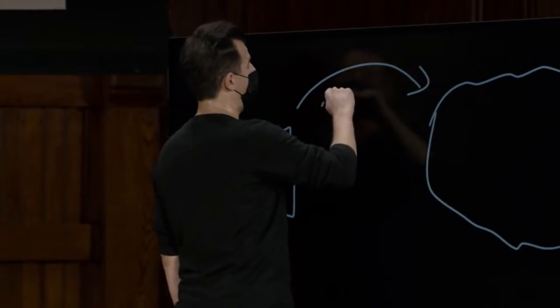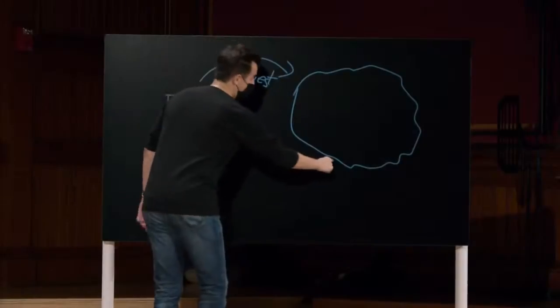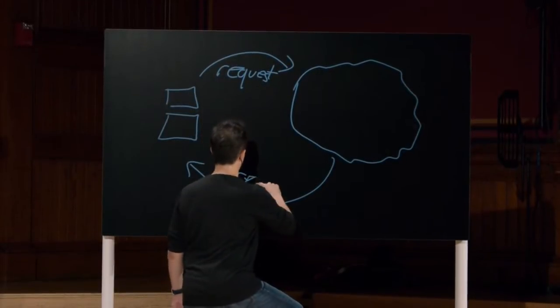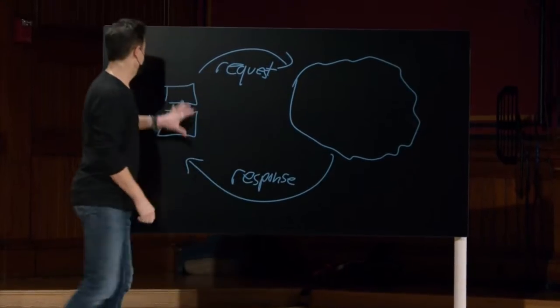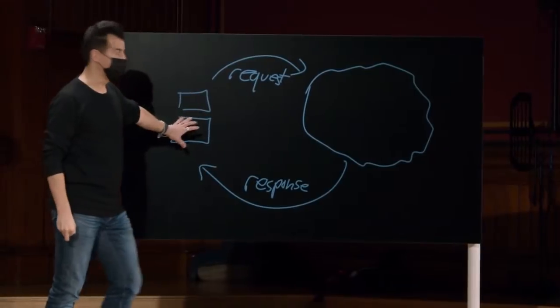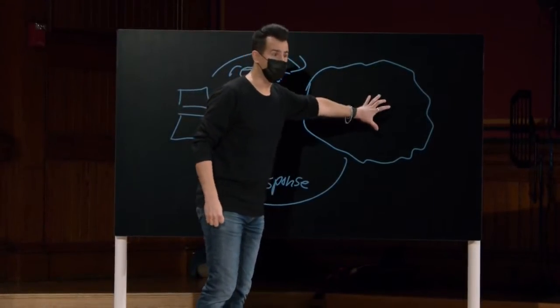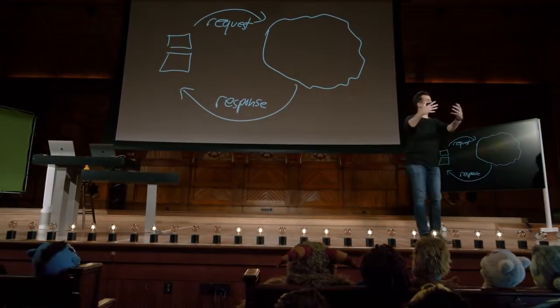There's going to be a request that goes from point A to point B. And then hopefully the server that hears that request is going to reply with what we'll typically call a response. And other terms that are relevant here: my laptop is the so-called client. Harvard.edu, Yale.edu, whatever it is, the so-called server. And just like in a restaurant where you might request something to eat, the server might bring it to you.